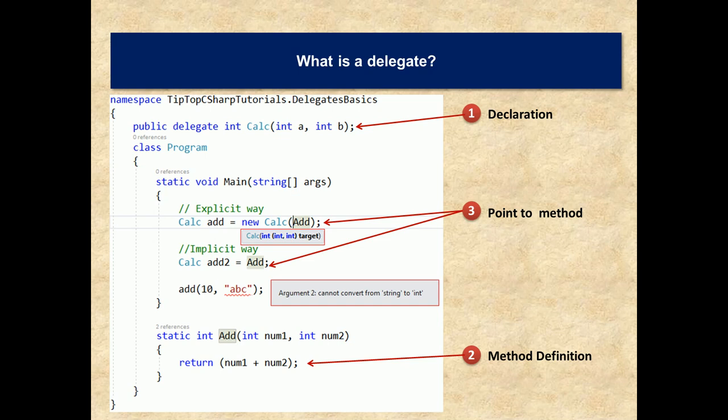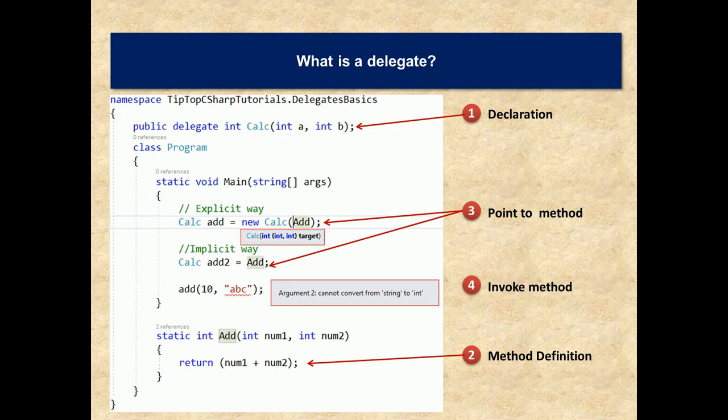And finally, we are going to call the method. Most importantly, while calling the method, we should pass the exact type and exact number of arguments. Here, I have used a different signature so that we will get to know what kind of error we get. In the add invocation of the delegate, I'm passing the first parameter as integer 10 and the second parameter as a string.